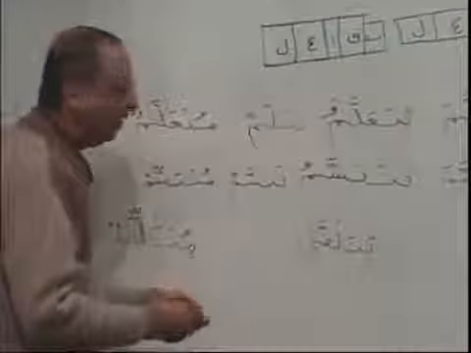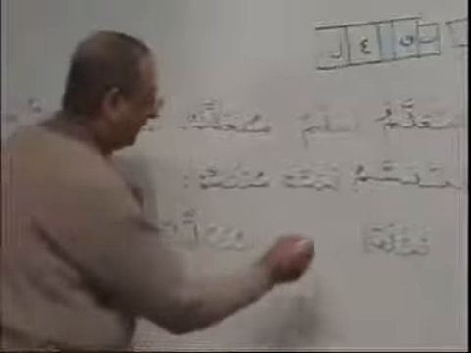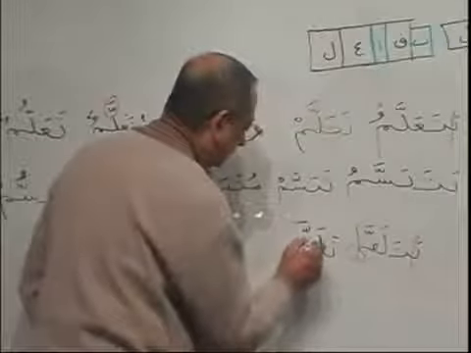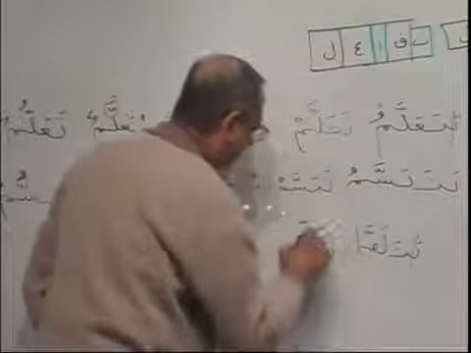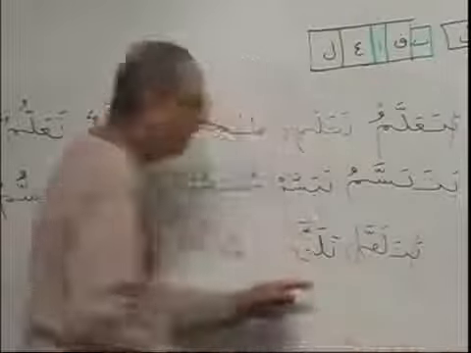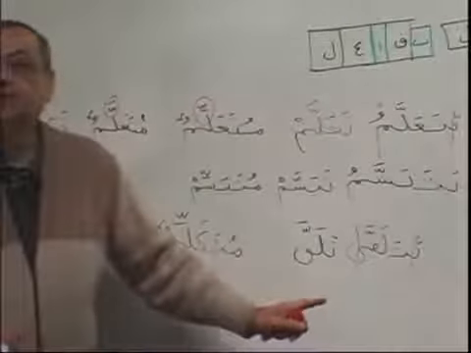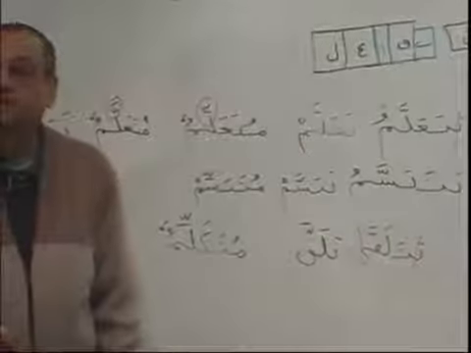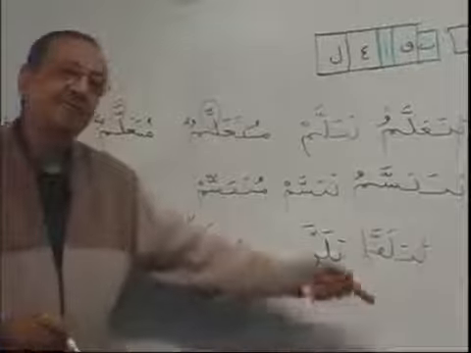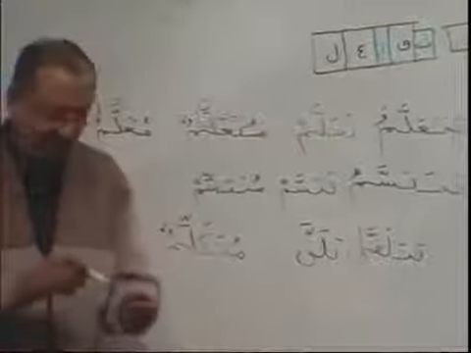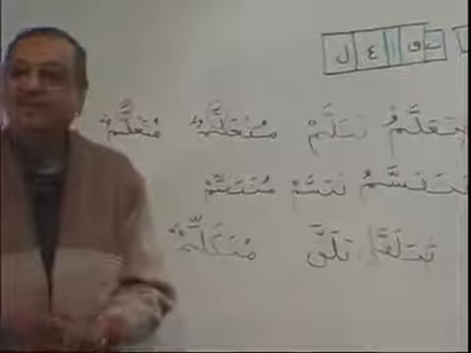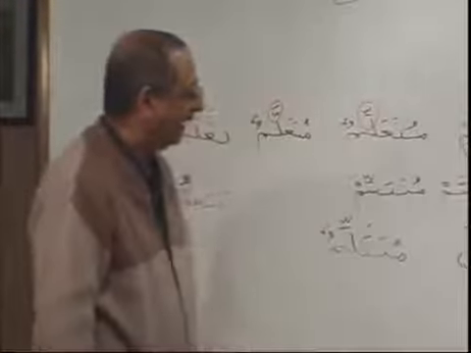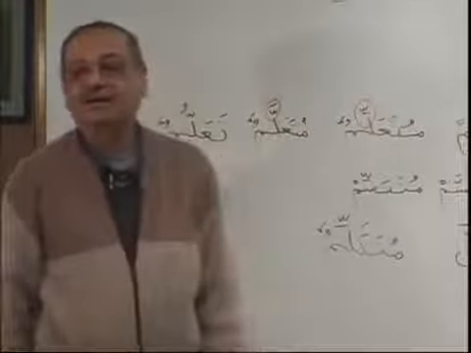It became now talakka. How do you describe it, brother? Talakka. Fi'lu amrin mabniun ala hazfi harfi illa. MashaAllah. So now you are saying it with confidence and with ease. Alhamdulillah. Okay. Now ism fa'il, brother.